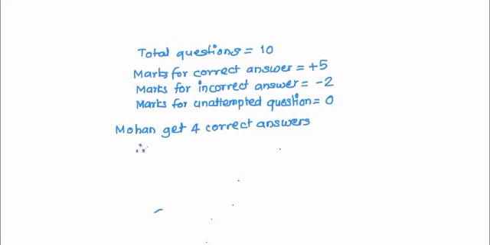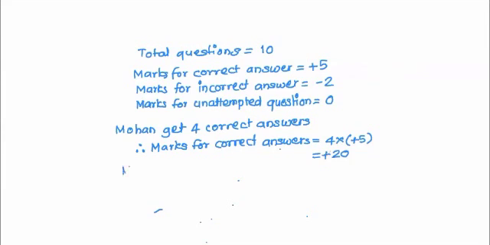Therefore, marks for correct answers are equal to 4 into plus 5, because we get 4 correct answers, and for every correct answer we get 5 marks, plus 5 marks. So now here we will multiply the weights. 4 into 5 is 20, and give the answer here plus sign, here also plus sign, 2 positive signs, so answer gets a positive sign, so plus 20 marks.